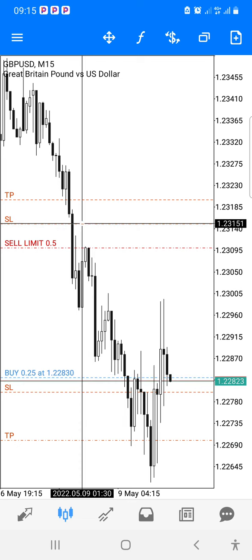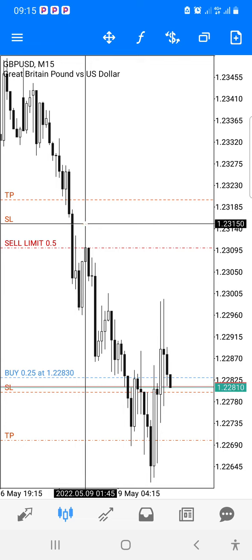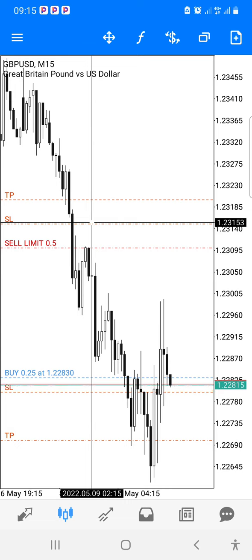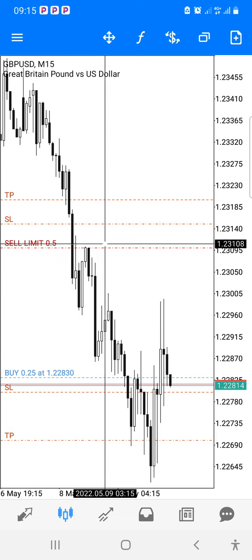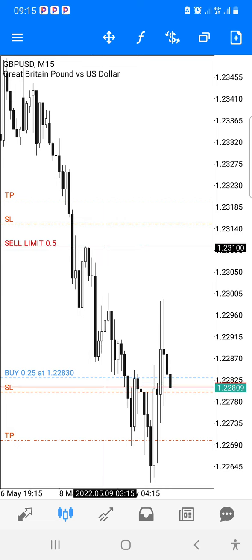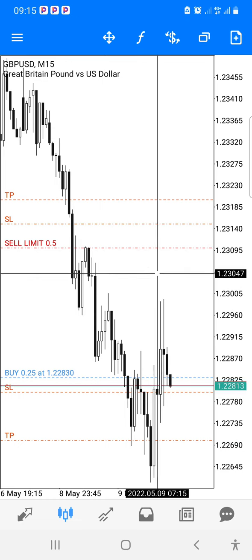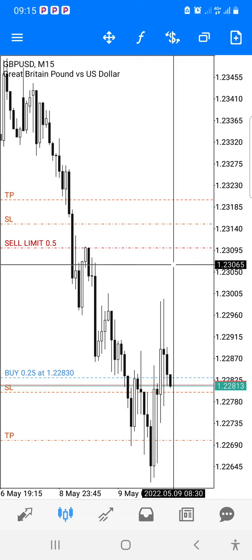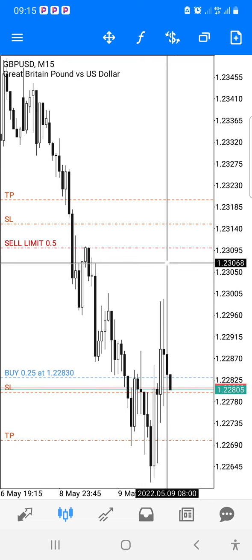I set it above 50% of this liquidity, this long candle. Don't worry, Jared. As I can see now, price will soon hit my SL probably, because it's not even a good zone.